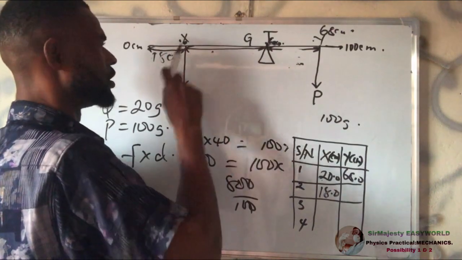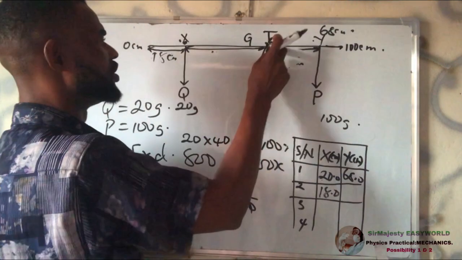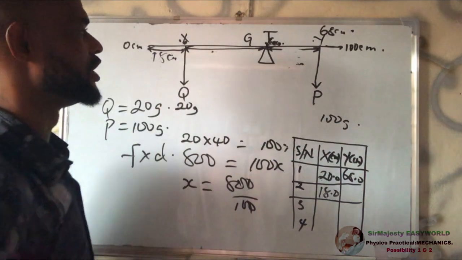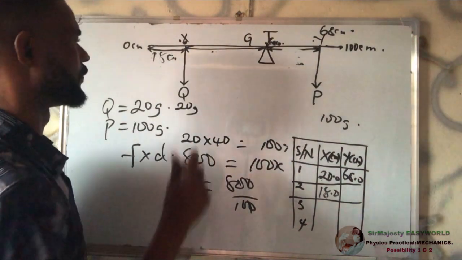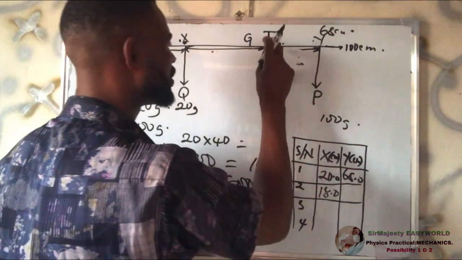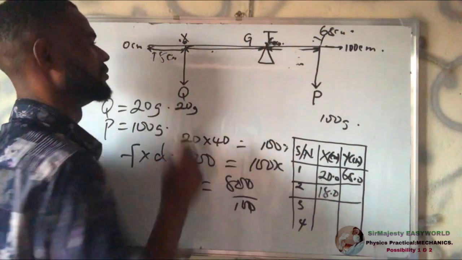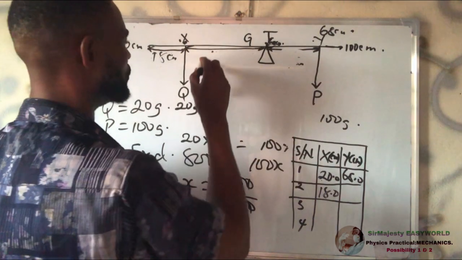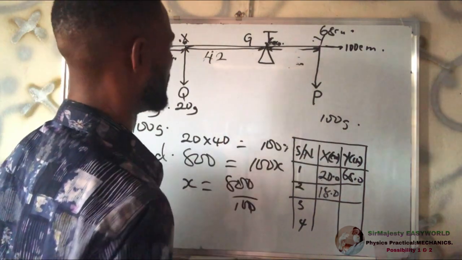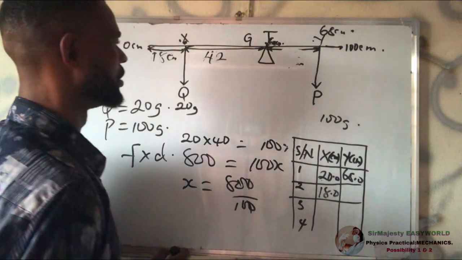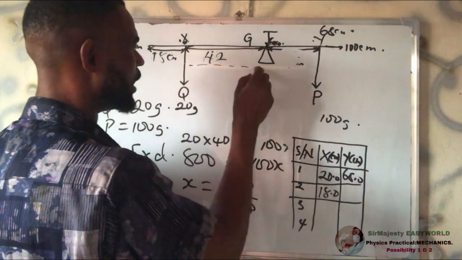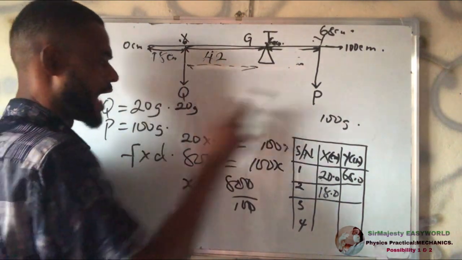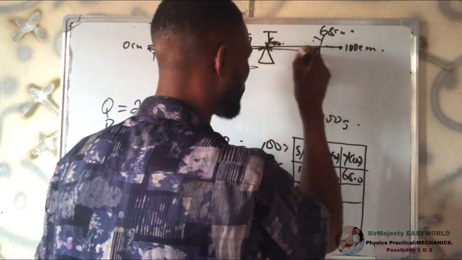Here is 60 and here is 18. You ask yourself, what is here? 60 minus 18, you have 42. That means from here to here is 42. Then this mass remains 20, and this one remains 100. What is now from here to here?